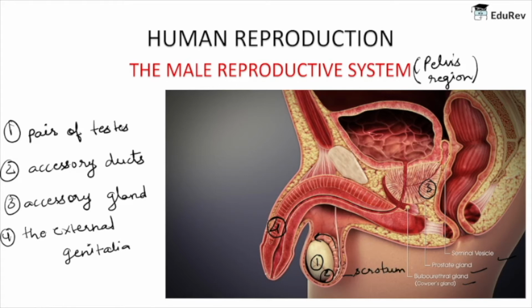Scrotum helps in a very important function: it maintains a low temperature for testes, that is 2 to 2.5 degrees Celsius below the normal body temperature, which is required for spermatogenesis.